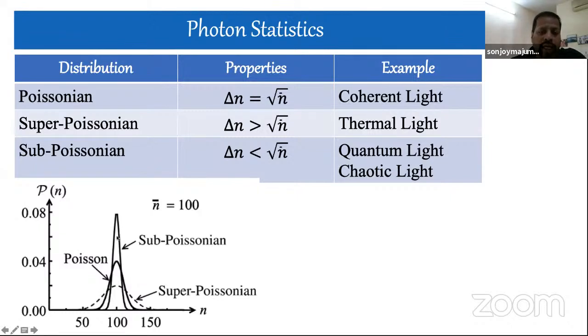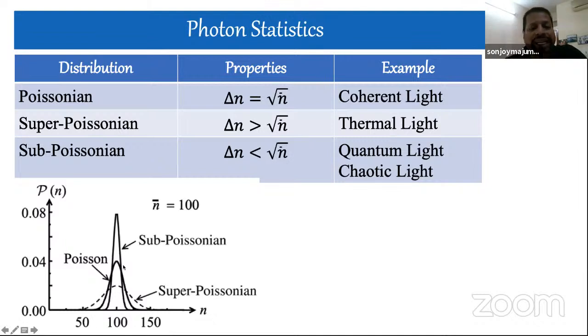So the spread will be narrower, and you will have more population near the central values compared to the Poissonian and super-Poissonian cases, where you get more spread in the distribution of the number. This is the feature you will see for the different kinds of distribution.